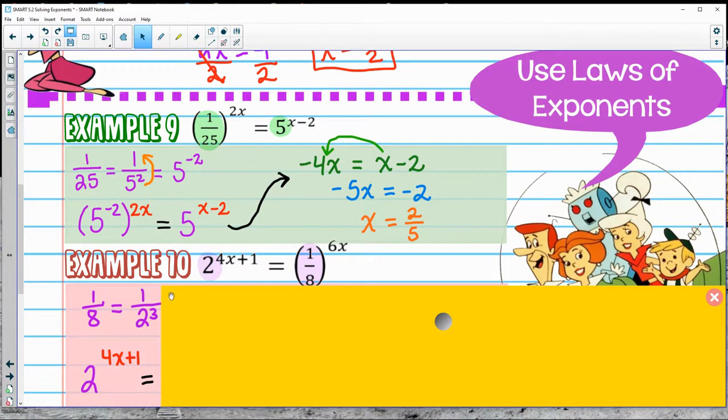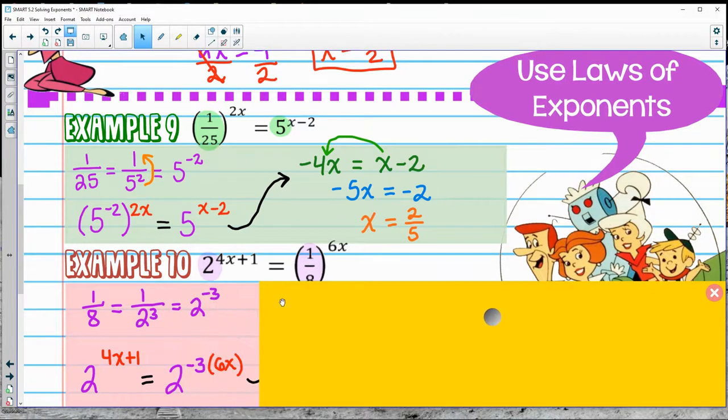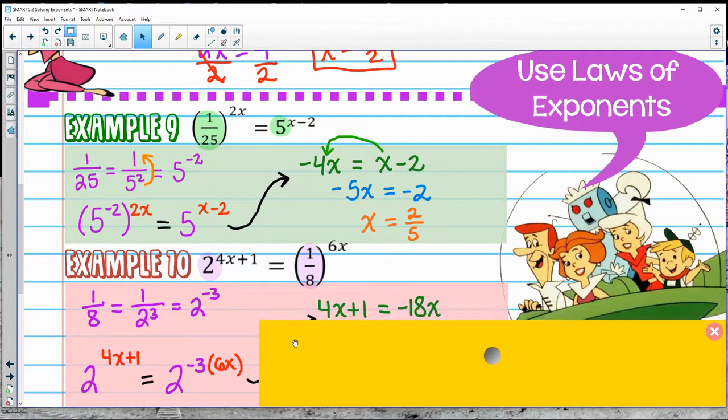And again, if I need to switch that to the top, I can use some negative exponents to help. So instead of having 1 over 8, I'm going to rewrite that as 2 to the negative 3, because those numbers are identical. And then I can drop those bases and I can set those exponents equal to one another.